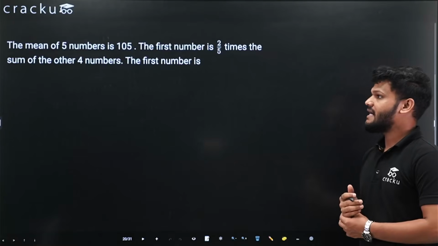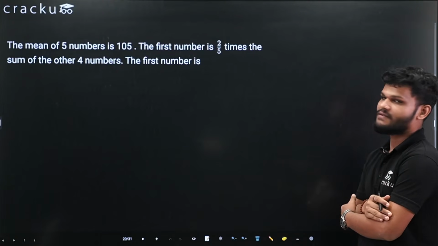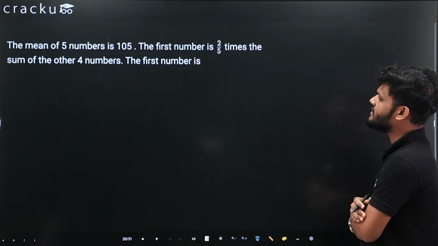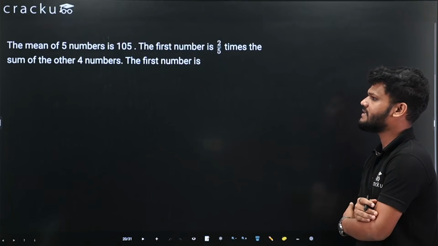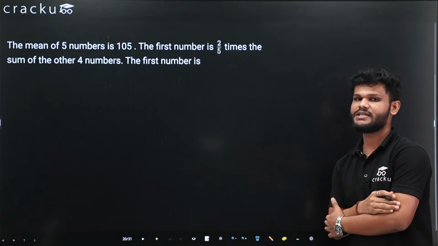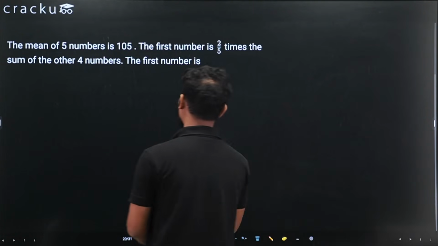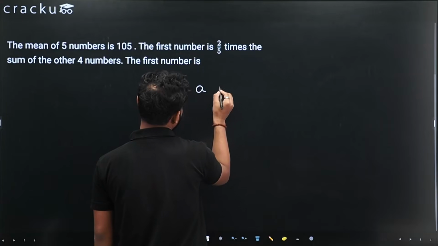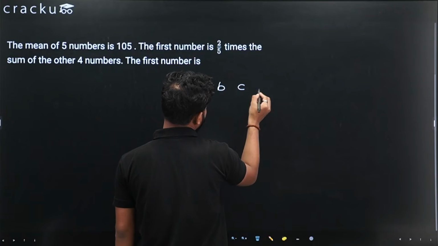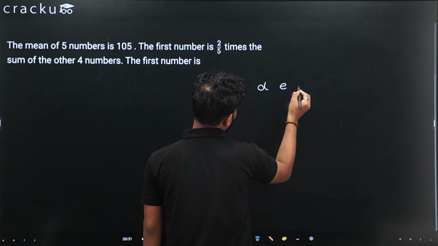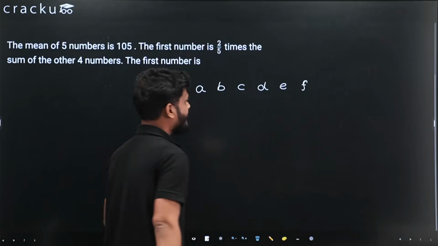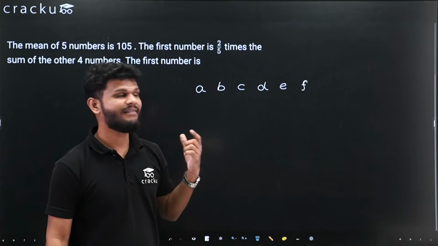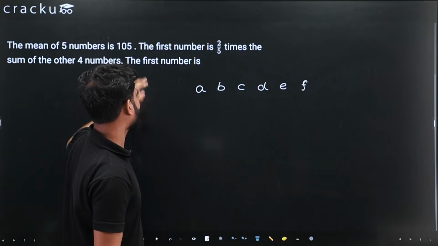In this question we are asked the mean of 5 numbers is 105. The first number is 2 by 5 times the sum of the other 4 numbers. So let us say we have numbers A, B, C, D and E. The mean of all these numbers, the average, is given as 105.